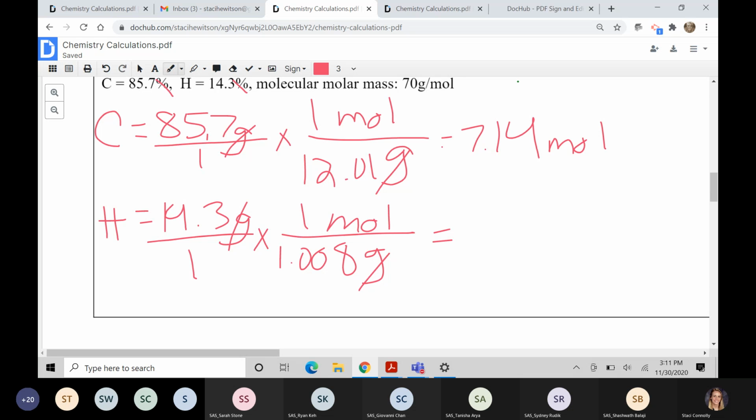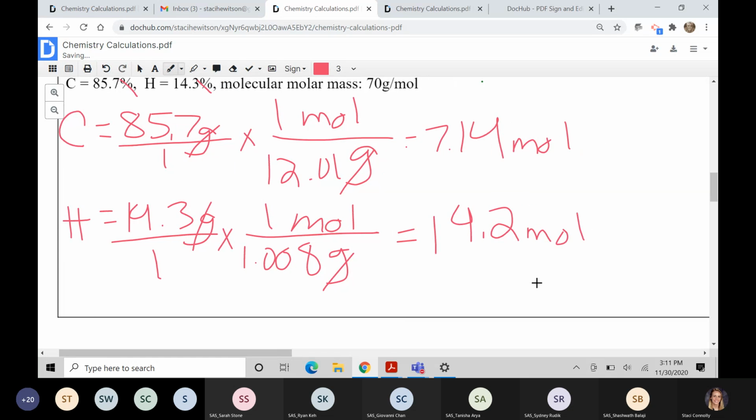Oh, okay, perfect. And Misty, I just saw your answer pop up. Perfect. Let's do 14.2. Okay, super. So now we've converted everything to moles.